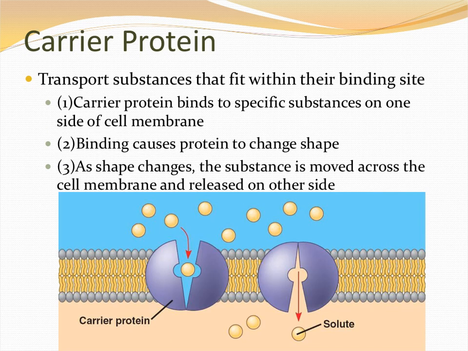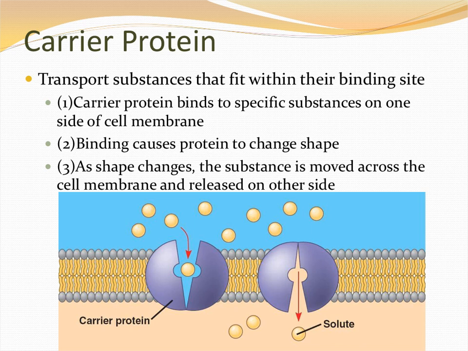So now, transport substances that fit in the binding site, right? This is a carrier protein. In a carrier protein, you have an actual site that the substance needs to bind to. With a channel protein, it's a specific size and shape that only allows one type of molecule through.